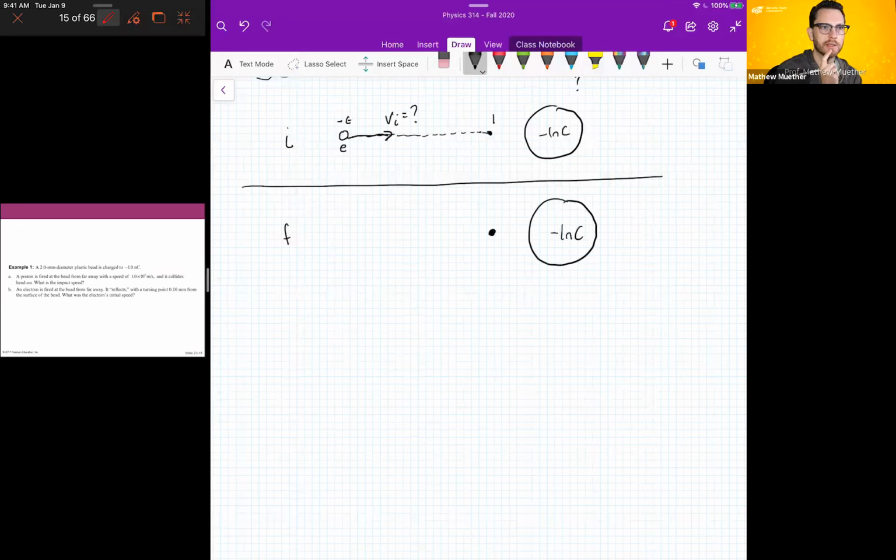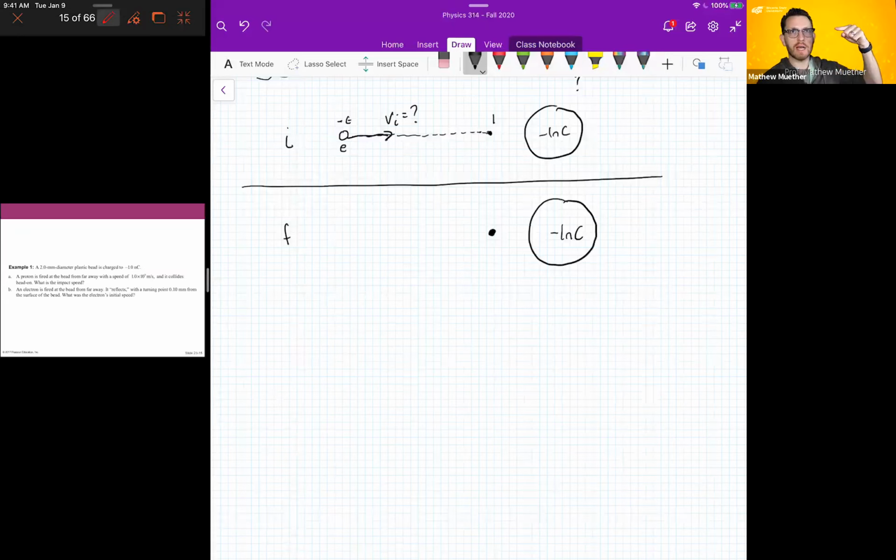What does that mean, that there's a turning point? What does that tell me about the electron in the final state, that there's a turning point at 0.1 millimeters away from the surface? Changes direction. Yeah. What does that tell me about its velocity? Jeremy's saying that the velocity is 0. The turning point means it switches direction.